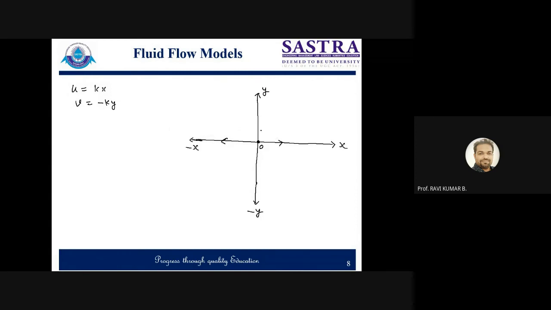Similarly, when x is 0 and y is positive, you will be going along the positive y direction. Opposite of that, when y is negative and x is 0, you will be going in this direction. So this origin point is basically your stagnation point. That we have not defined earlier, but I am saying here a stagnation point is a point at which the resultant flow velocity is 0. All the velocity components become 0.